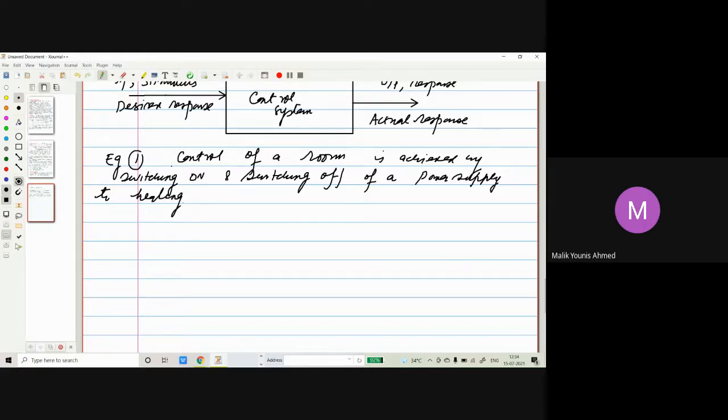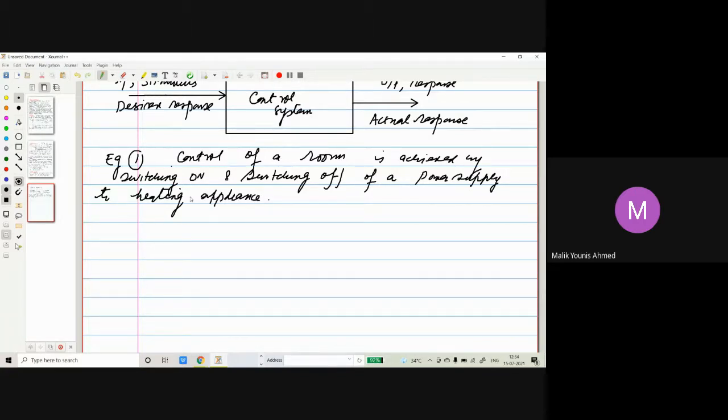How am I going to achieve the control of a room temperature? By switching on or switching off of a power supply to a heating appliance.